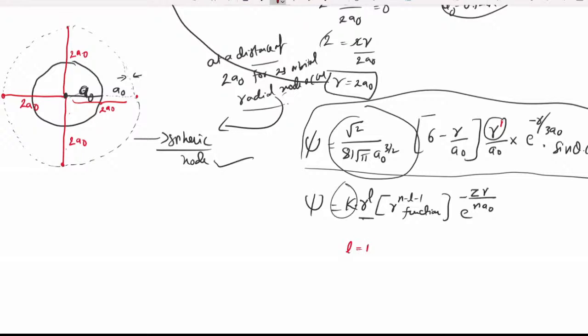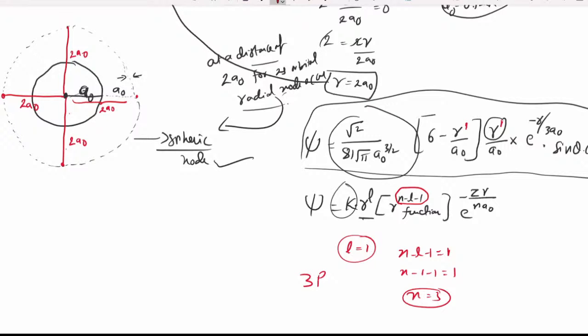Therefore L is equal to 1. Second point: r power n minus L minus 1, what is it here? It is 1. Therefore n minus L minus 1 is equal to 1. Already L equal to 1, so n minus 1 equal to 1, hence n is equal to 3. So I got n equal to 3 and L equal to 1. L equal to 1 means p orbital.